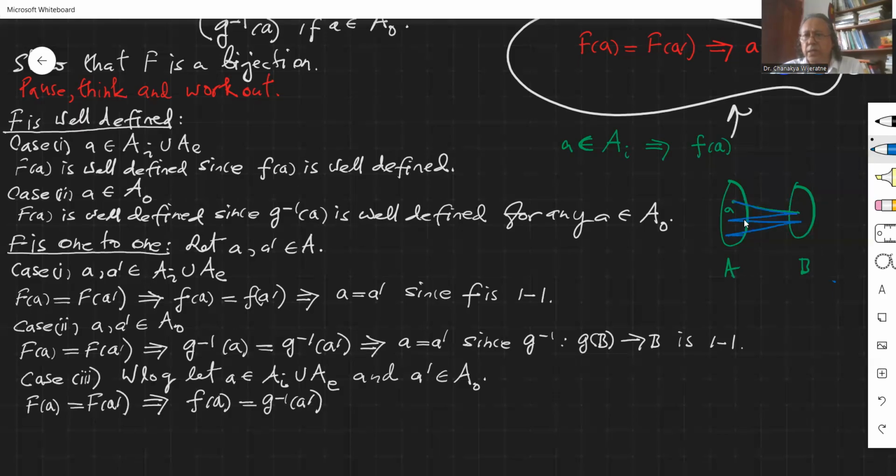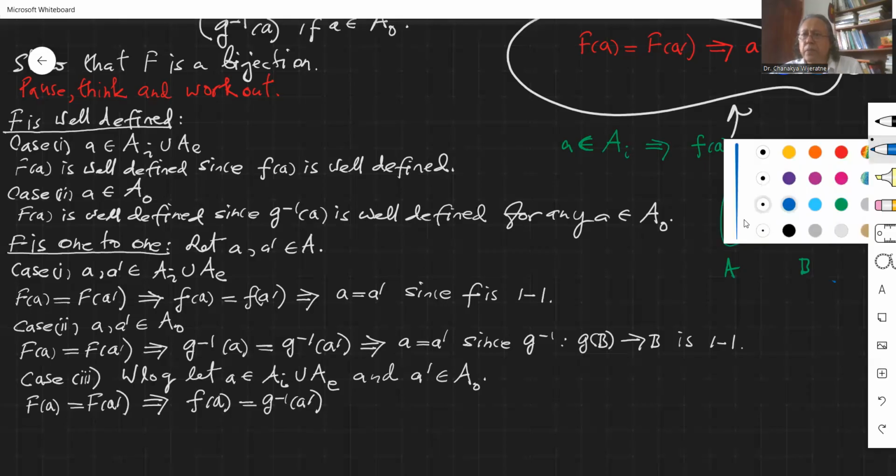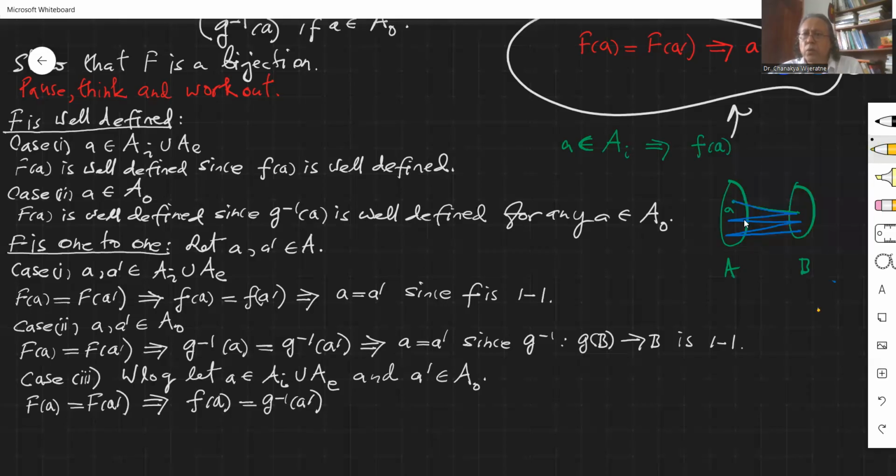Then we go forward to f of A, and this is in B. But for this element, this also goes forever. So that means f of A belongs to BI.